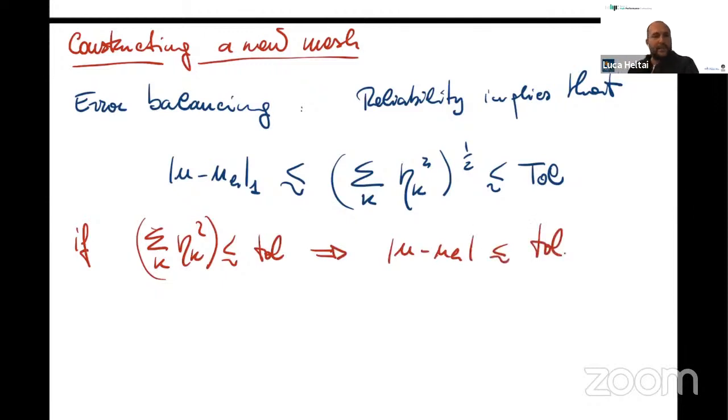So given the tolerance, this allows you to verify whether the global solution that you have is accurate with respect to a target tolerance.